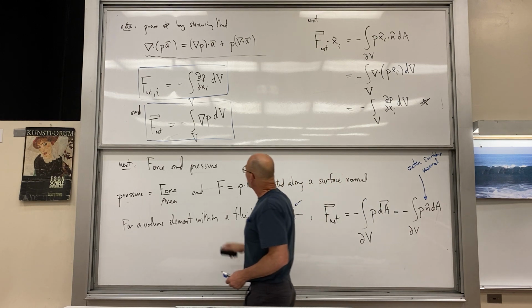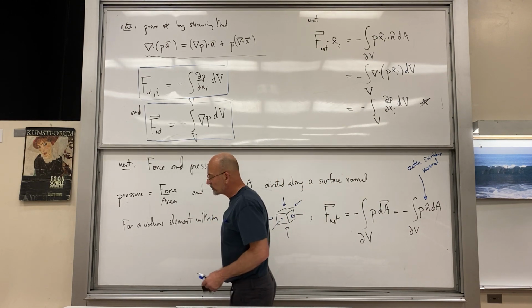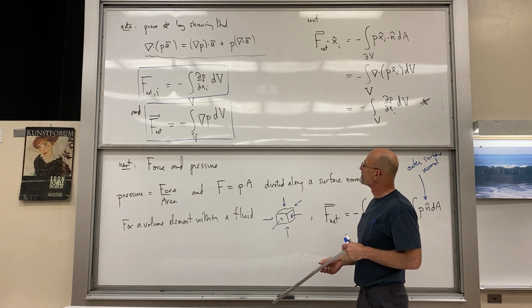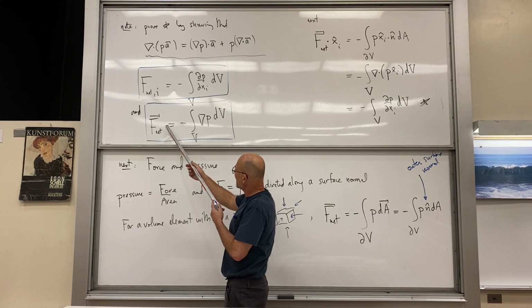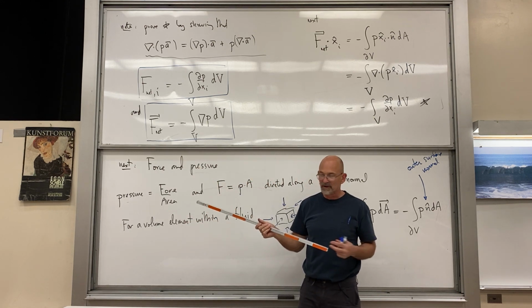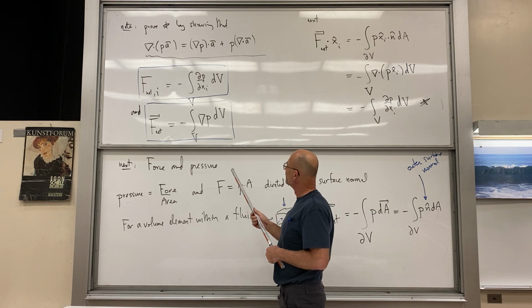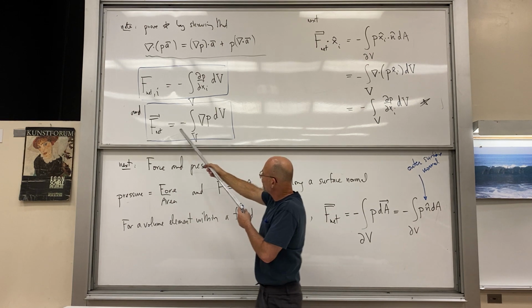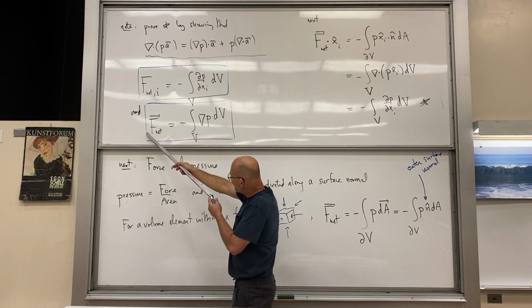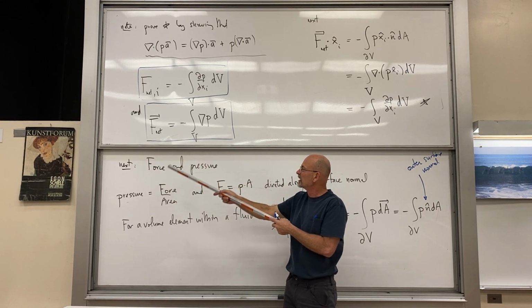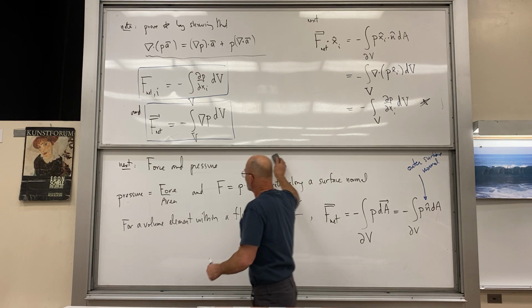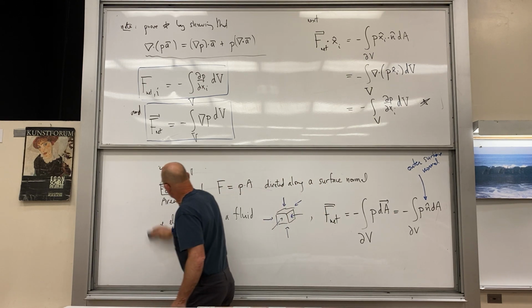Okay, so our next task is to interpret this in terms of Newton's law. So we want to have force equals mass times acceleration. But because there's a volume element, if we divide both sides by that little volume element, you could say we have density times acceleration equal to that integrand. So let's go ahead and put that down.